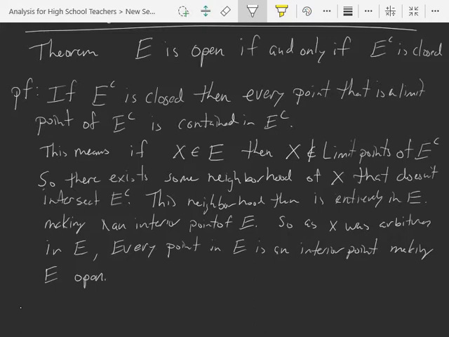Okay, so if it's the complement of a closed set, it's going to be open, because a closed set contains all of its limit points. If you look at something outside there, it can't be a limit point, so I can draw a circle around it that avoids the set E complement. That circle shows that it's an interior point of E, making E open.